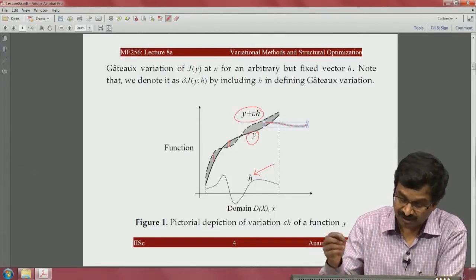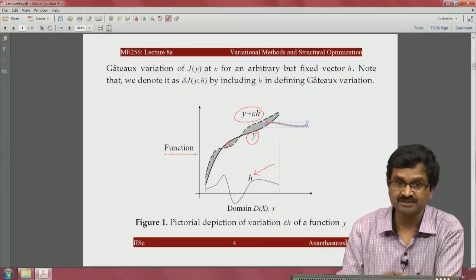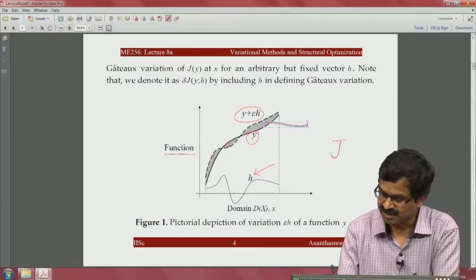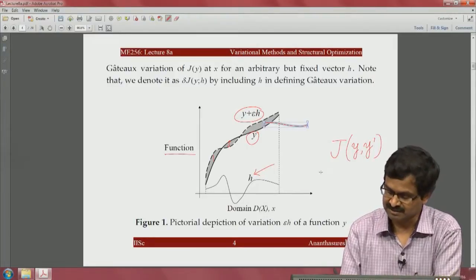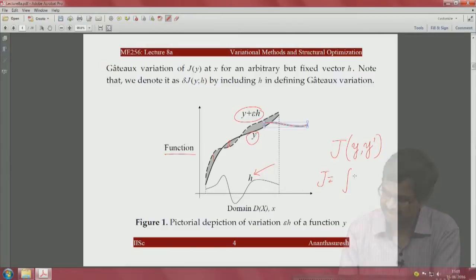What happens to the functional? So, we are plotting only a function here, but then we have j which depends on y and its derivatives and so on, because if you take j as an integral, there is an integrand with y and y prime and other things, from some quantity x1 to x2.